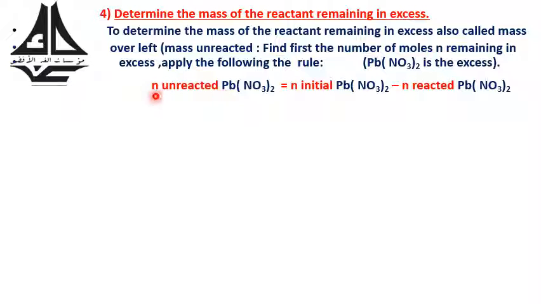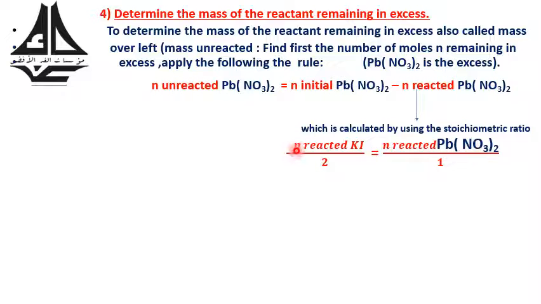So by applying the rule, number of moles unreacted of Pb(NO3)2 equals number of moles initially found in the given of Pb(NO3)2, minus number of moles reacted of Pb(NO3)2. And remember that the number of moles reacted of the reactant in excess, which is here Pb(NO3)2, we always calculate it by using the stoichiometric ratio.